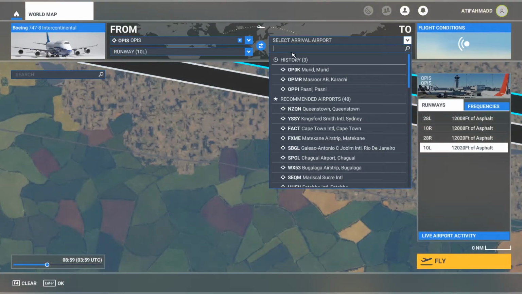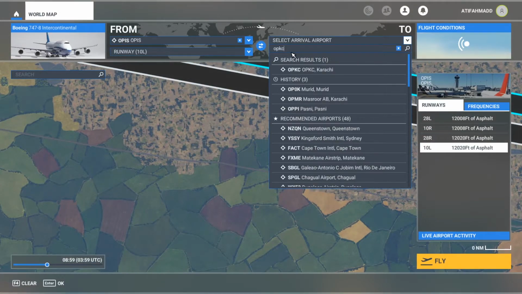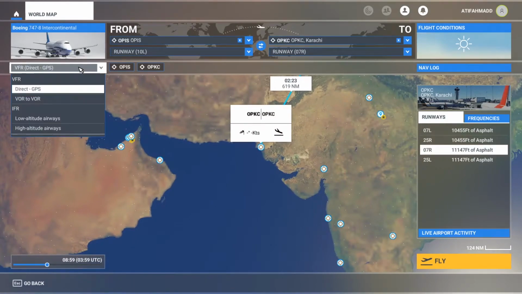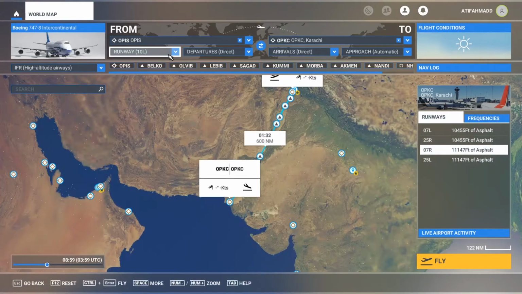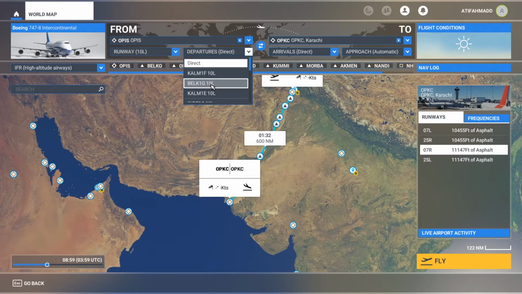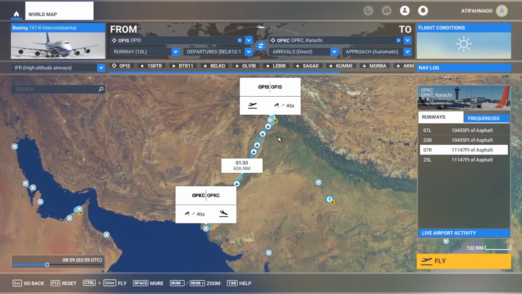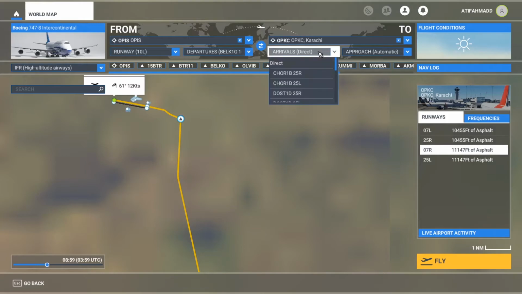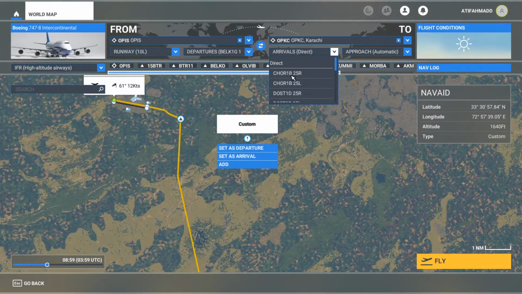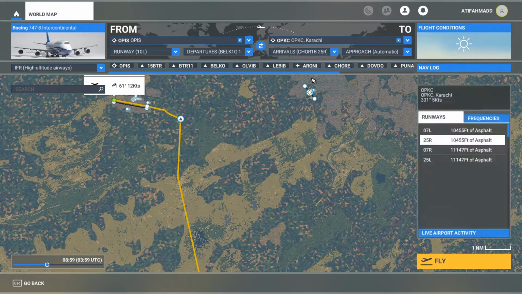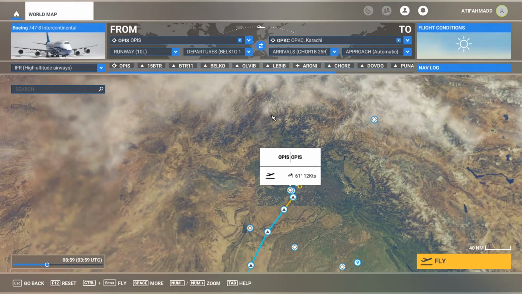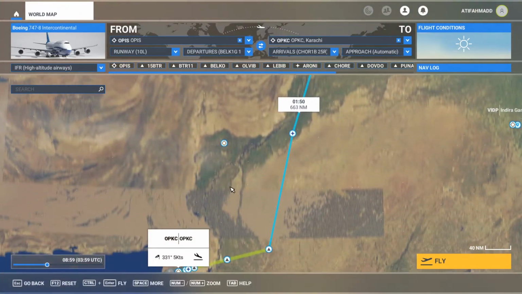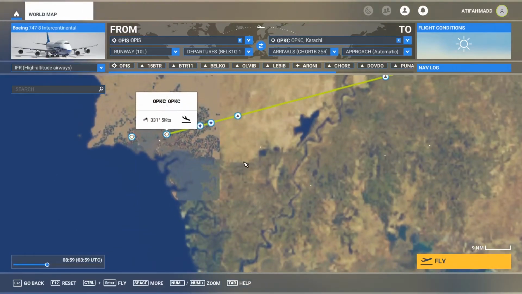Okay, so OPKC to Karachi. Same flight plan. I'll go for high altitude airways. 10 left. And this was the departure, and arrivals are, it was a straight arrival, straight approach.